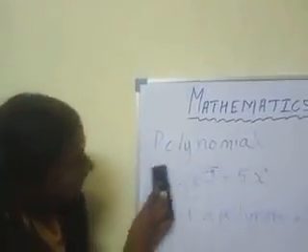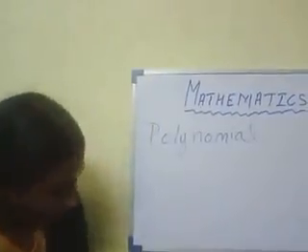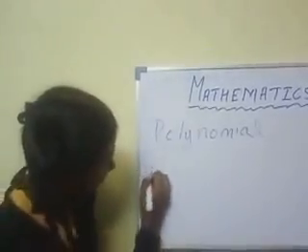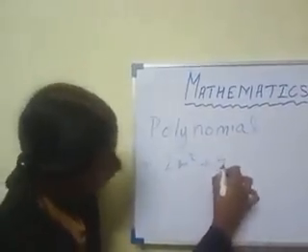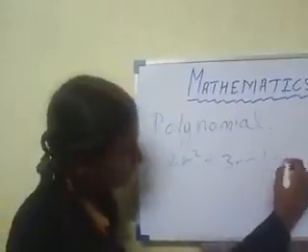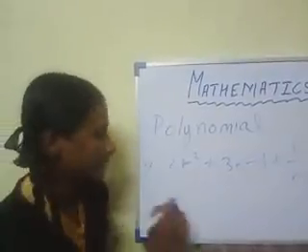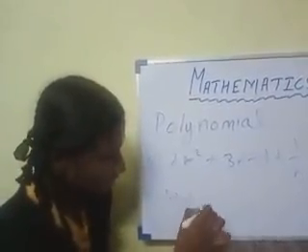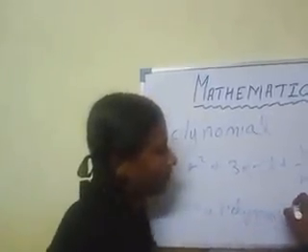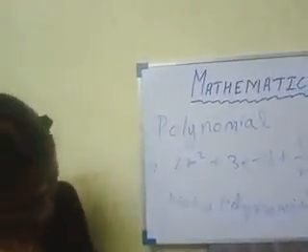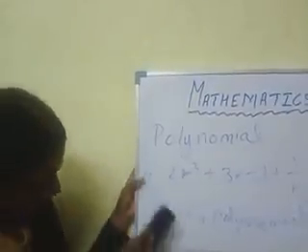Another example for not a polynomial: 2r square plus 3r minus 1 plus 1 by r. See there, it has a negative power, so it is not a polynomial.